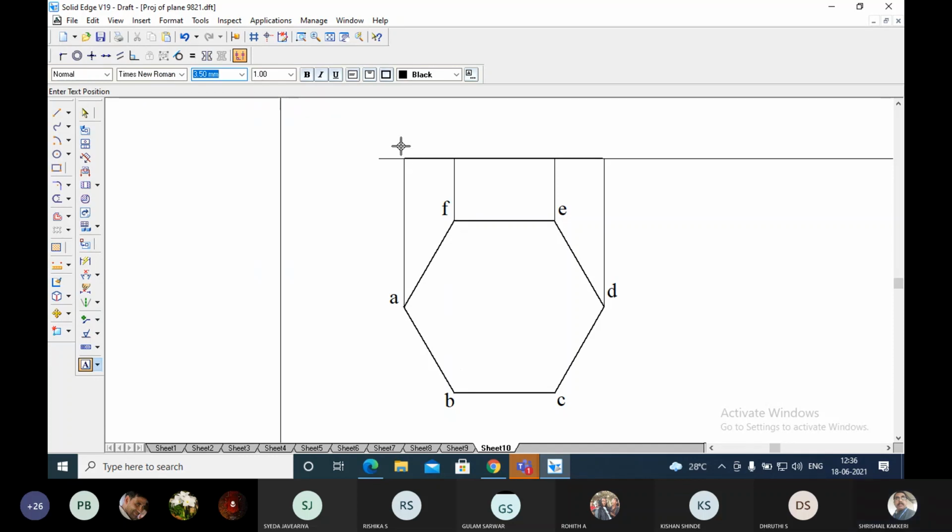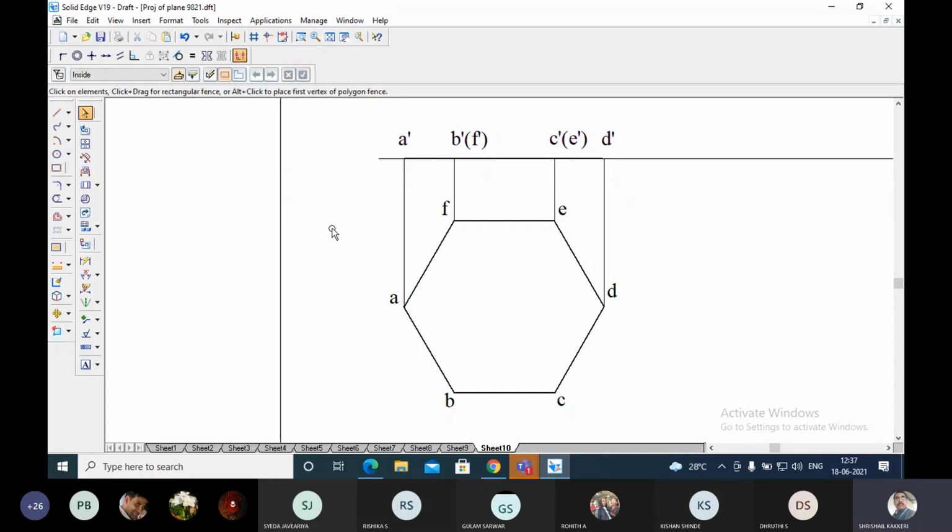This will be A. This is A dash. And this is B dash in bracket F dash. And this will be C in bracket E, C dash in bracket E dash. And this will be point D. Now all these I am keeping properly.